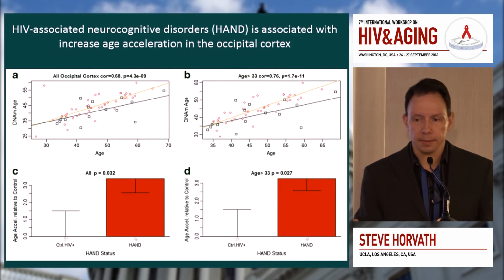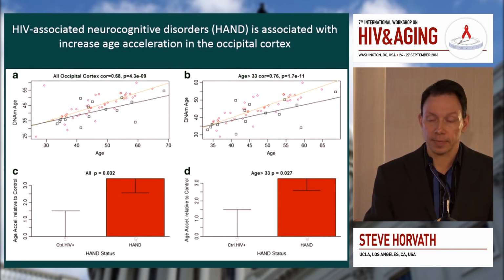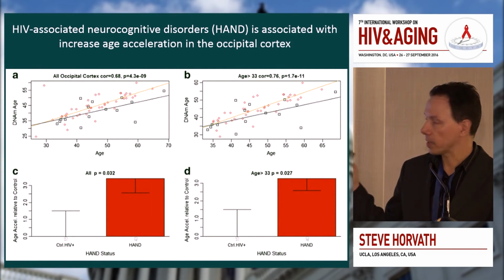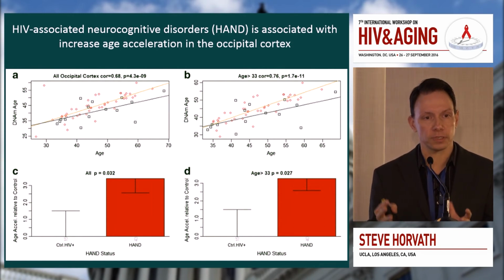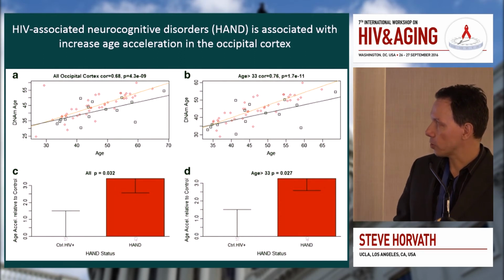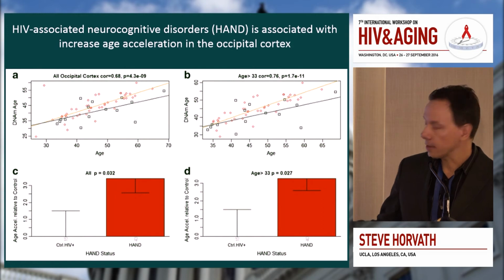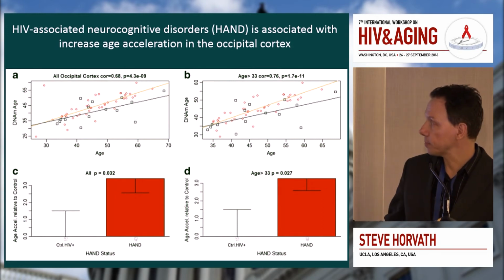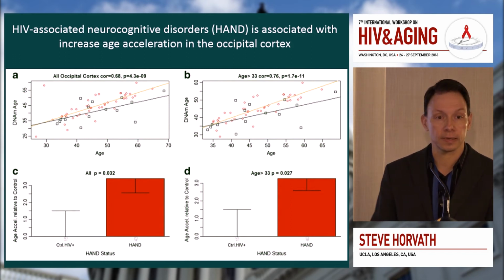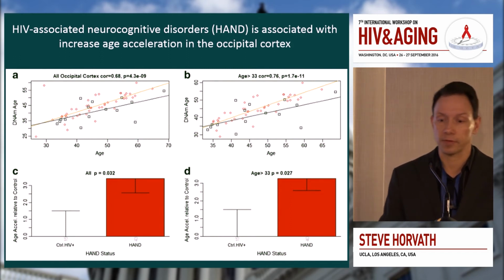Here we looked at, again, epigenetic aging in the occipital cortex, and now we are only dealing with HIV-positive subjects. Methylation age was again highly correlated with chronologic age, and now the coloring indicates HAND. Red means the person had HAND, black means the HIV-positive subject didn't have HAND.